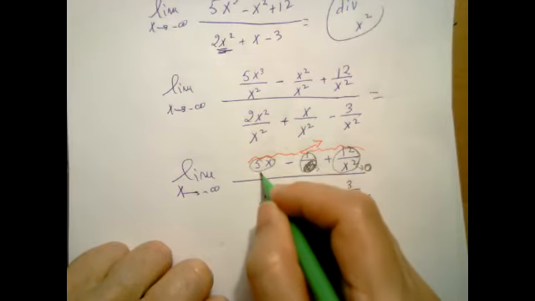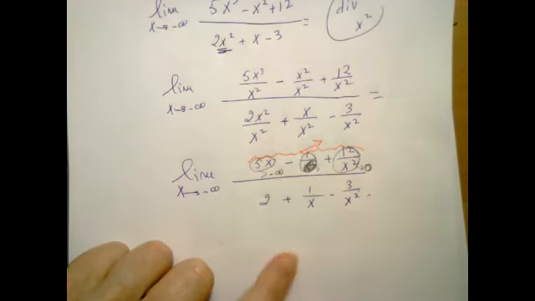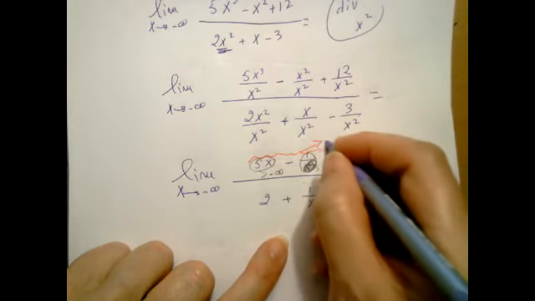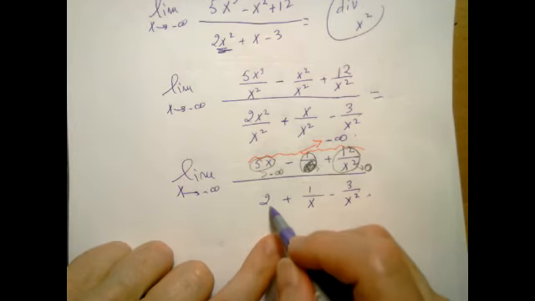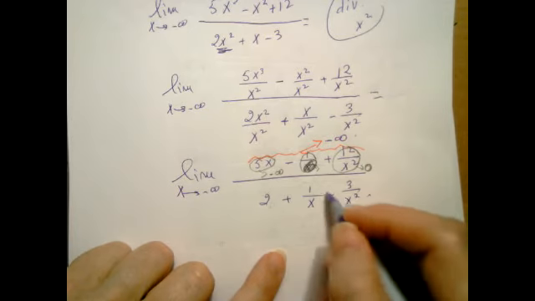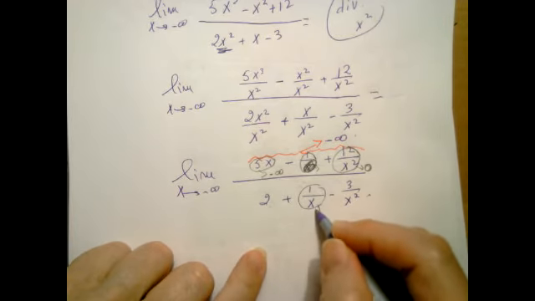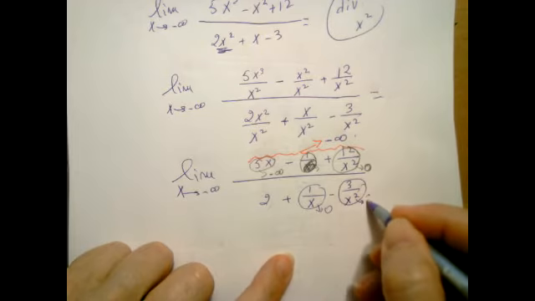5x will become close to what? Minus infinity. So my numerator is going to become close to minus infinity. What about my denominator? 1 over x is going close to 0. 3 over x squared becomes close to 0.